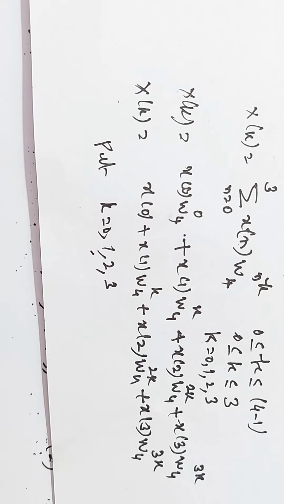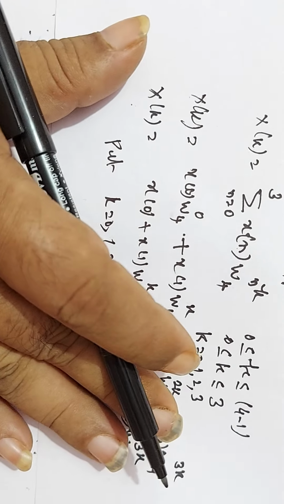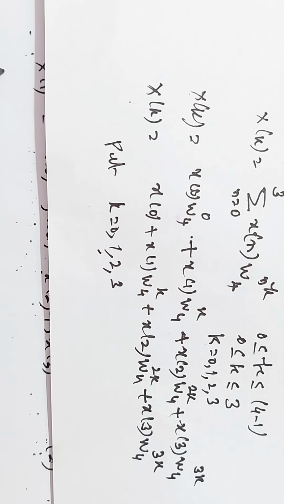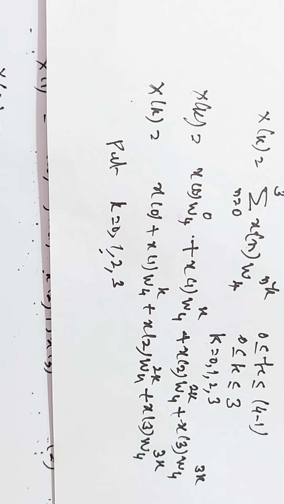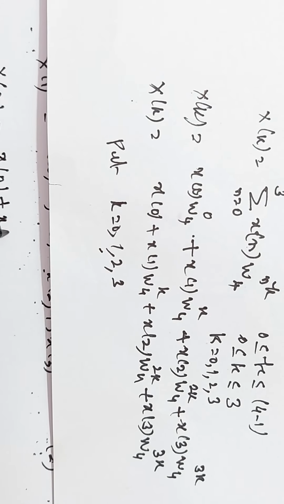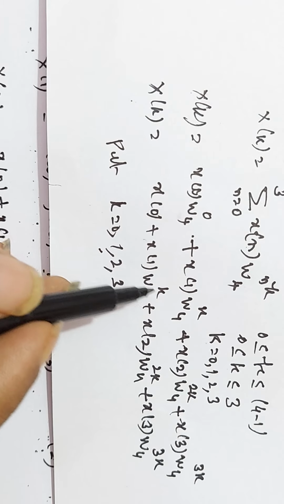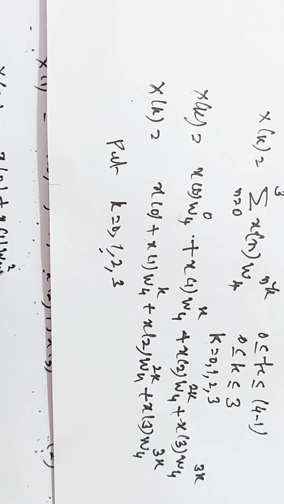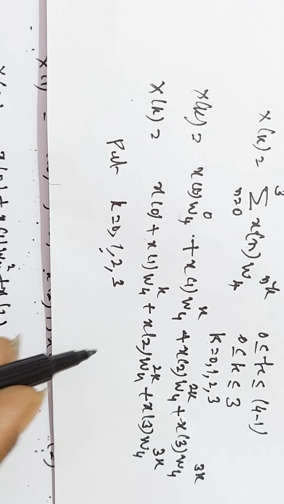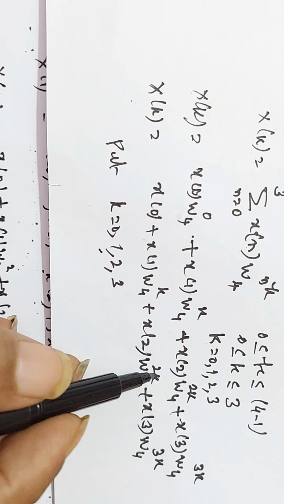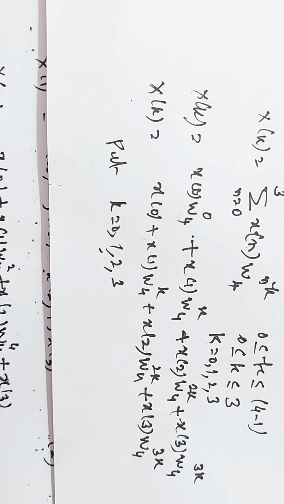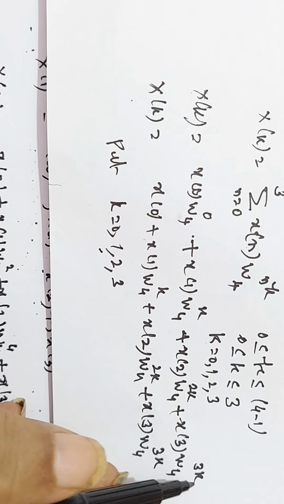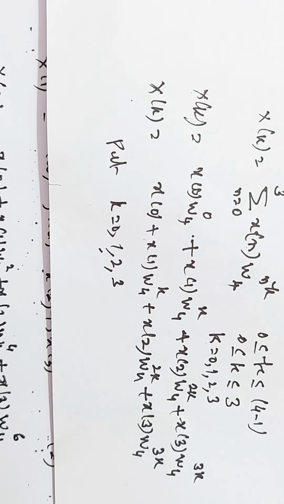So you get, when k equals 2, X of 2, third sample, x of 0 first sample, x of 1 second sample, x of 2 third sample, is equal to x of 0 as it is, plus x of 1 W4 k equals 2, W4 2, plus x of 2 W4 2k, k equals 2, 2 into 2, 4, W4 4, plus x of 3 W4 k equals 2, 3 into 2 is 6.